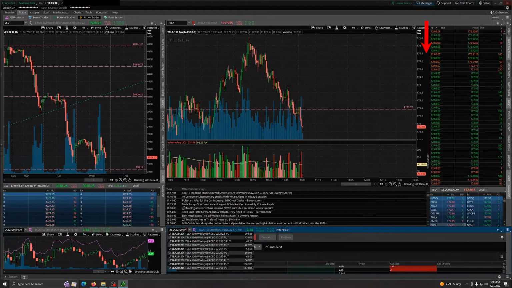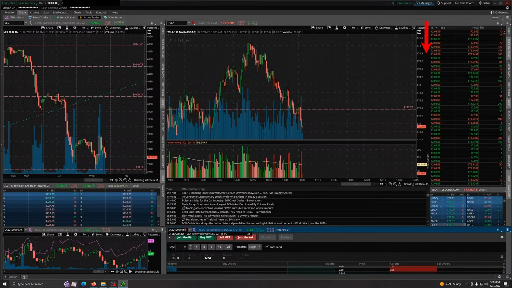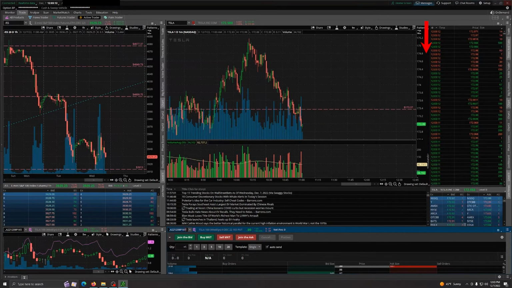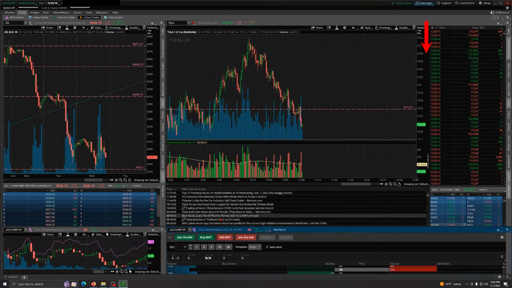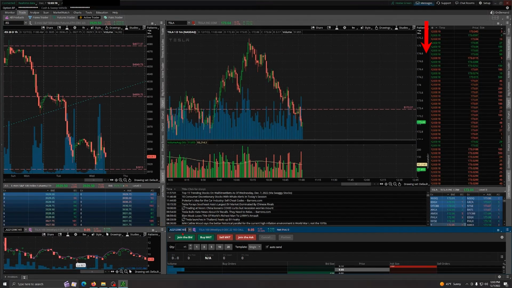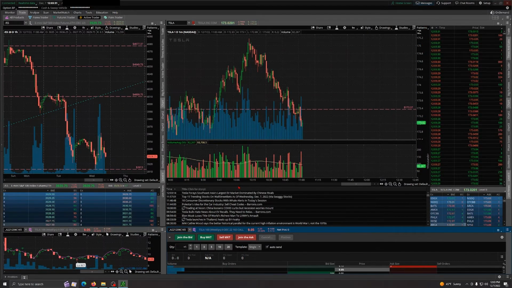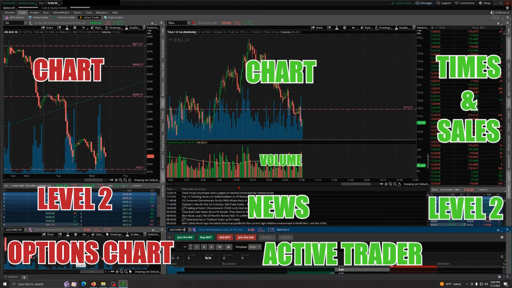One thing about ThinkorSwim is that you could change the option contract to whatever strike price you like, or you could switch it to calls by deleting the P and typing in C for calls, right? Alright guys, so in summary, we have the left side to watch the market and the right side dedicated to watching one stock and buying or selling it. Right? If you have any questions, please leave them in the comments below.